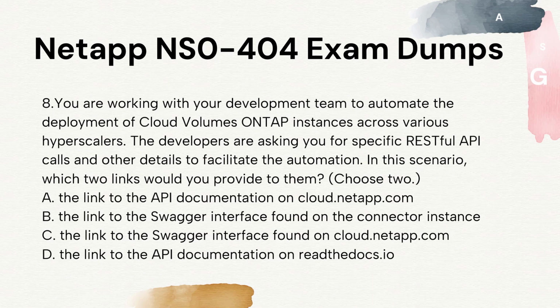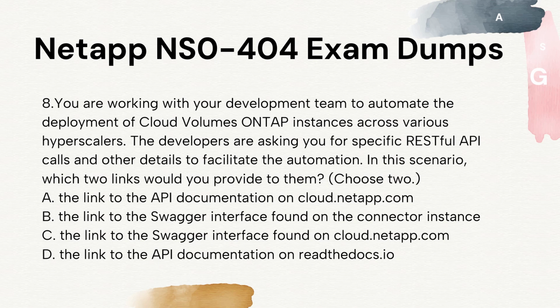8. You are working with your development team to automate the deployment of Cloud Volumes ONTAP instances across various hyperscalers. The developers are asking you for specific RESTful API calls and other details to facilitate the automation. In this scenario, which 2 links would you provide to them? Choose 2.